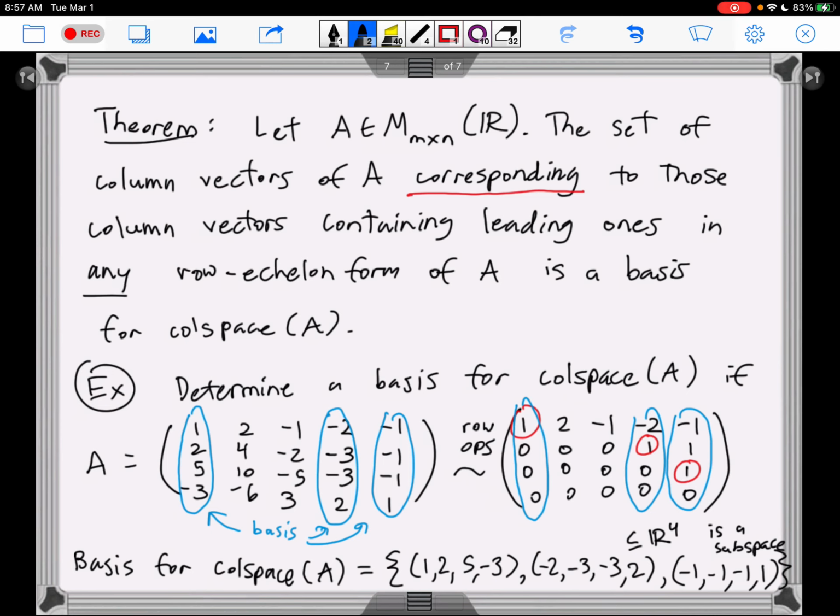Now you may have noticed something, right? If we were doing row space for this last example, we would have also had 3 vectors in the row space. So that would have given us the row space, right? So we had 3 vectors in the row space and 3 vectors in the column space. So that means the dimensions of the row space and the column space are equal.